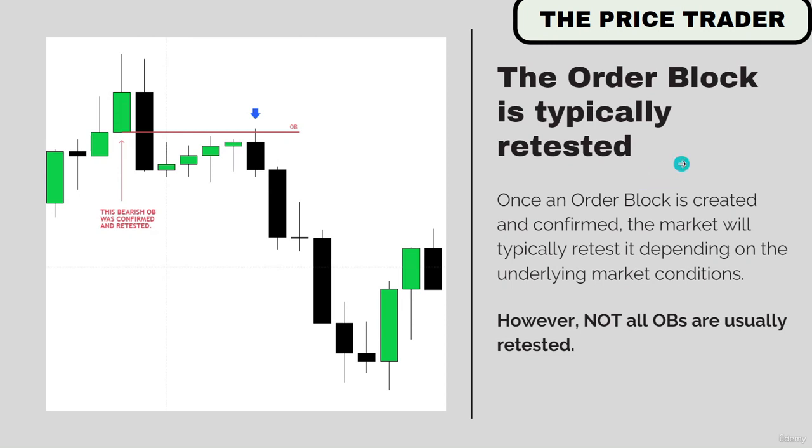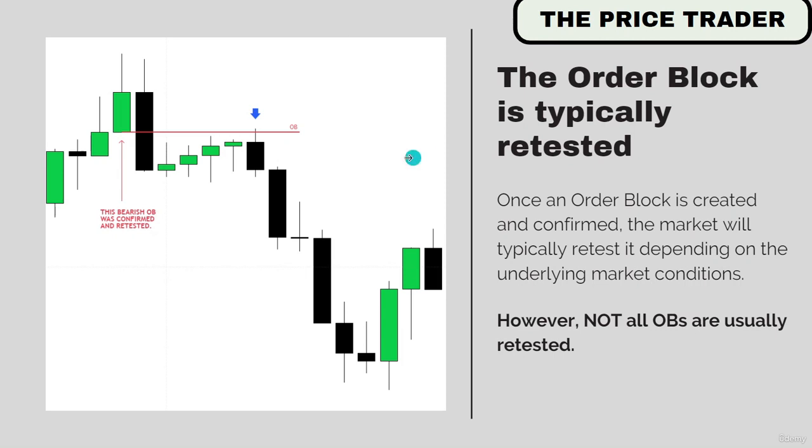So typically we have said that the order block will be retested once it is confirmed, and the market will retest it depending on the underlying market condition. But as I've outlined, not all order blocks are usually retested.